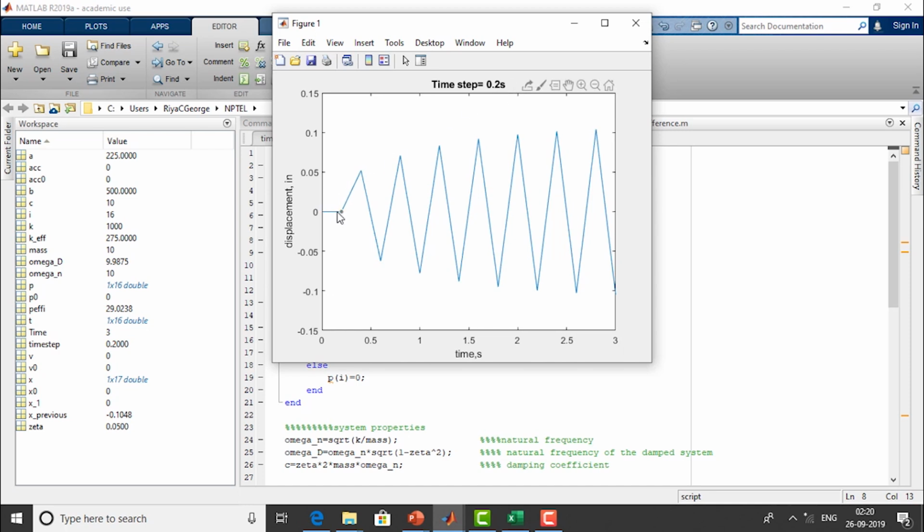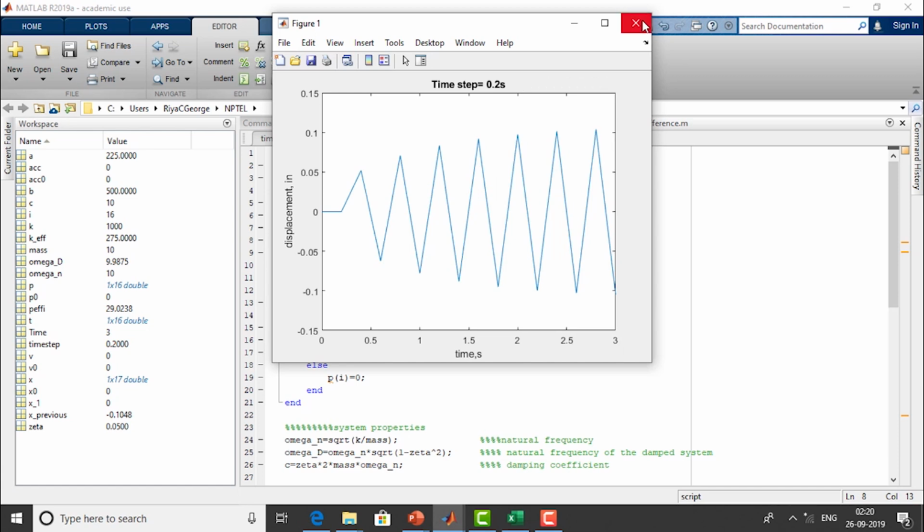The actual response, and the response we got for the lesser time step, was decreasing with time; because of the damping, the response was decaying with time. But the behavior we are getting now is the opposite. Here the response is increasing with time; the amplitude increases with time.